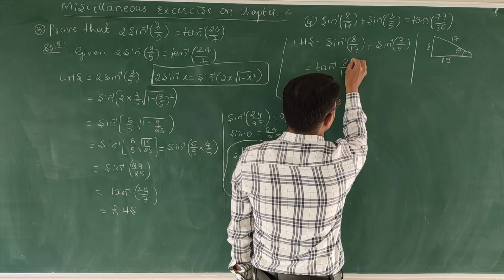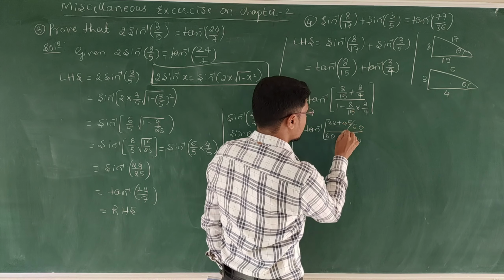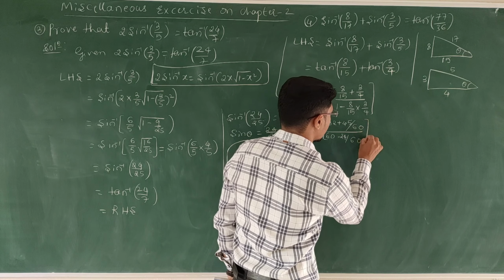Tan inverse of 15 into 4, LCM is 60. Okay, so 8 into 4, 32, 15 into 3, 45. Okay, so this is equal to the next, divided by, so here also LCM is 60. 60 minus 8 into 3, 24.